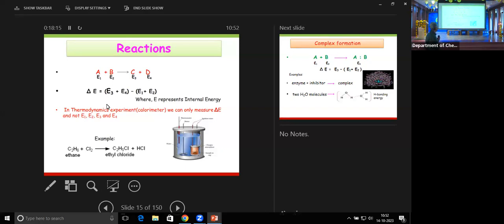If it comes out, you say it is exothermic. If it takes in, it is endothermic, right? So you are clear about thermodynamics and the reactions, and you are clear that E1 and E2 have no sense. It is only the total energy released or absorbed that makes sense. There's no energy of that particular molecule.